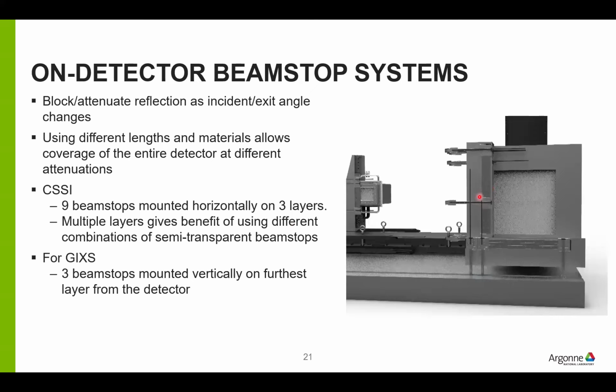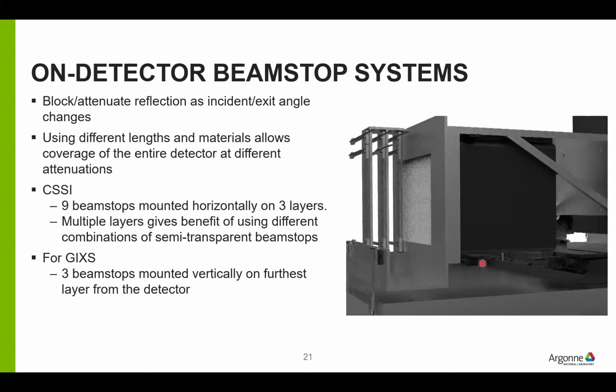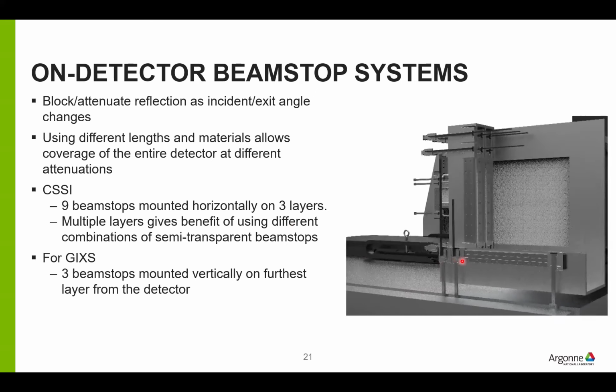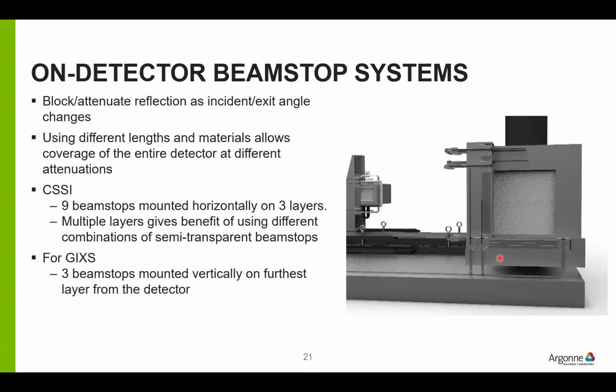So we only have, I believe, one layer, but 4 beam stops. Whereas for grazing incidence scattering, since the sample's mounted horizontally, and we have a vertical scattering plane, we'll have vertically oriented beam stops. I believe 3 of them, like you see here. Sorry, there's only 2 here, but we'll actually have 3.